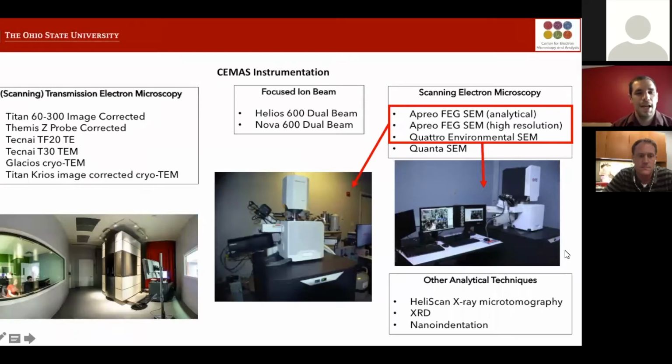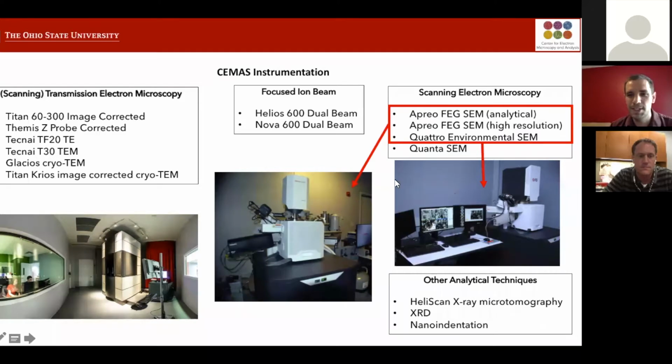So at CEMAS, there are a lot of different facilities available, ranging from our high resolution Titan and Themis TEMs to doing high resolution cryo work as well in the Krios. We have a bunch of focused ion beam instruments, and then on the non-electron beam side, there's a HeliScan for 3D data acquisition, and then XRD.